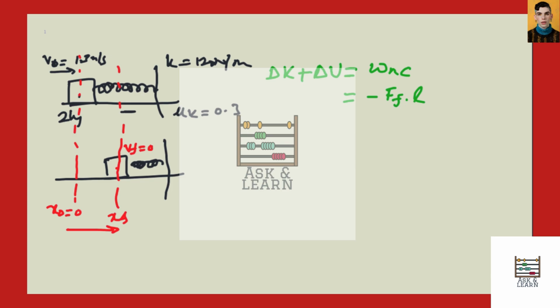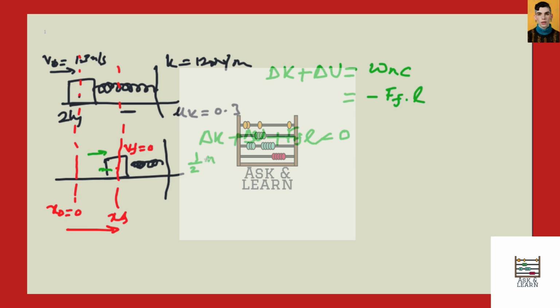This negative sign is because the force of friction is opposite to the displacement. The block is moving in this direction and the force of friction is acting in this direction, trying to stop it. So therefore the work done is negative. If we write the equation, we'll get delta K plus delta U plus force of friction times L equals 0. And we'll use this equation here.